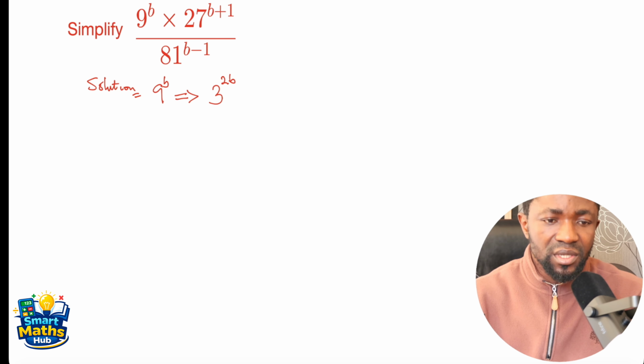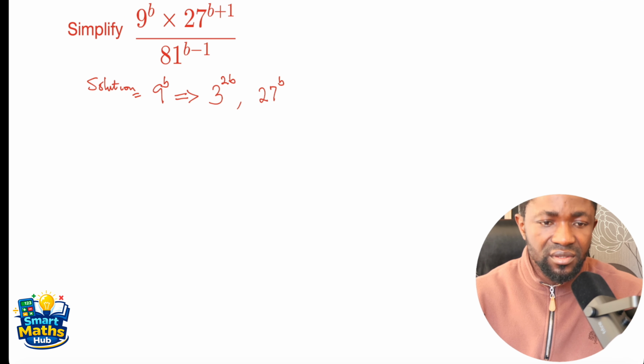That's 3 raised to power 2b. So another one, base 27, 27 raised to b plus 1. So we have it like 3 raised to power 3 into brackets b plus 1.